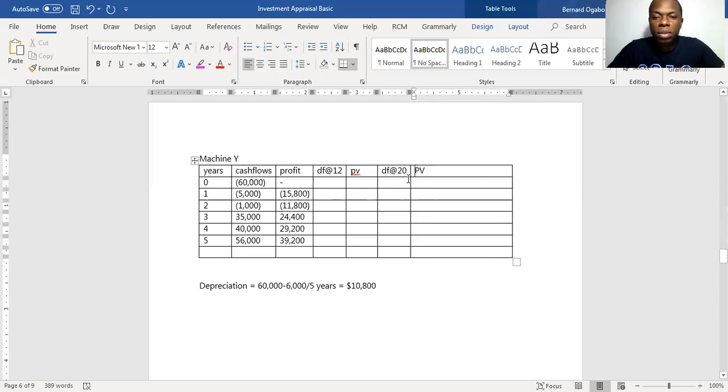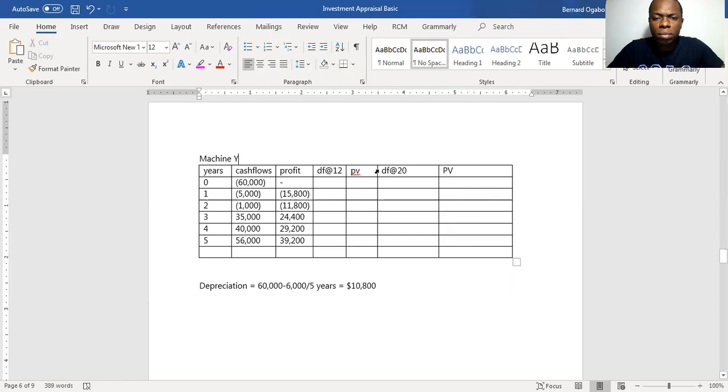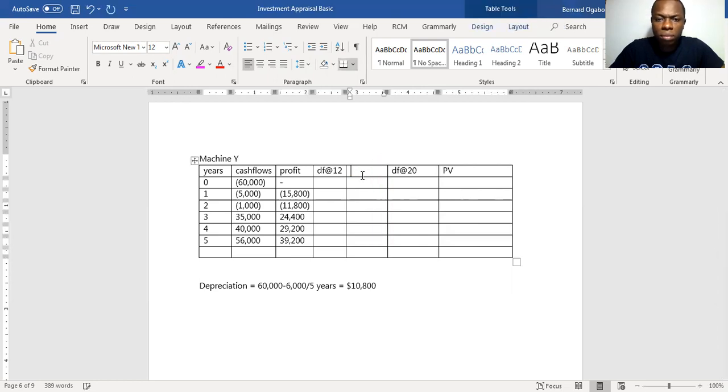So I have the opportunity to expand these other ones. PV. So discount factor at year 0 is 1.